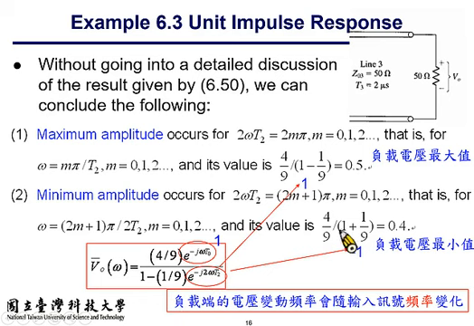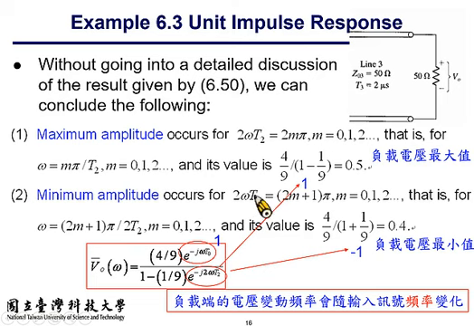And the result of 1 minus 1 over 9 times the exponential becomes 1 plus 1 over 9, which is 10 over 9. As a result, the magnitude of this function becomes 0.4, which is the possible minimum of this equation.